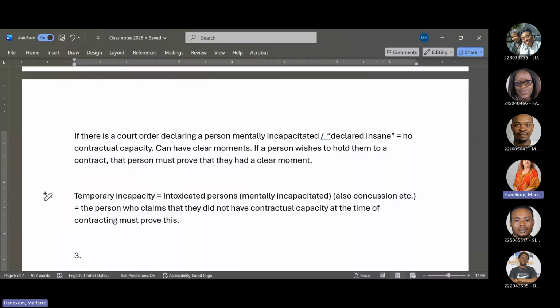So to summarize, above the age of 18, people are deemed to have contractual capacity, and they will have to prove that they were incapacitated if they want to escape a contract. Unless there is a court order declaring them permanently incapacitated, then the person who wishes to hold them to the contract has the burden of proof.